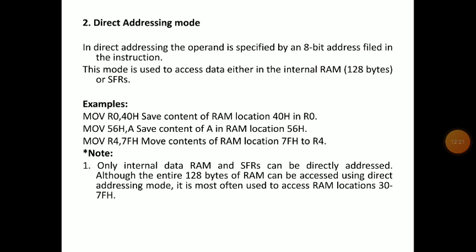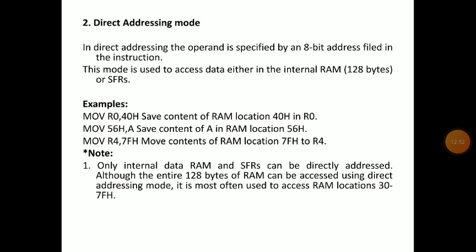Examples: move r0 comma 40h, save the content of RAM location 40h in r0. 40h is the address, in that we have the data. That data will be moved into the register r0.